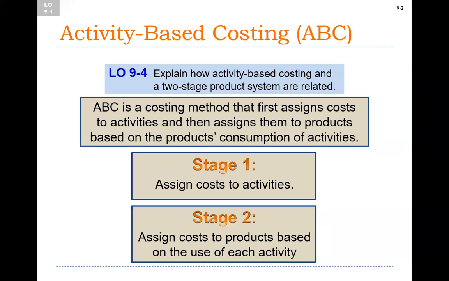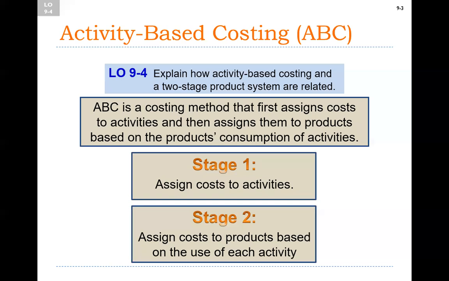But we do this in a very systematic way by first assigning all of our overhead costs or indirect costs to different activities. And then we take those activities and we assign the cost of those activities to the products. It's just a better, more accurate measure because we're working under the assumption that when we engage in activities, it causes certain costs to increase.